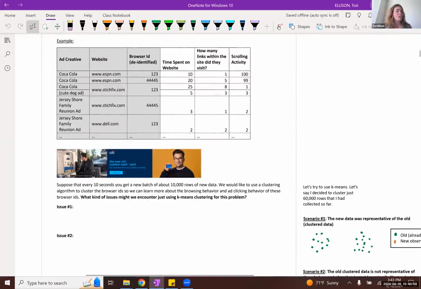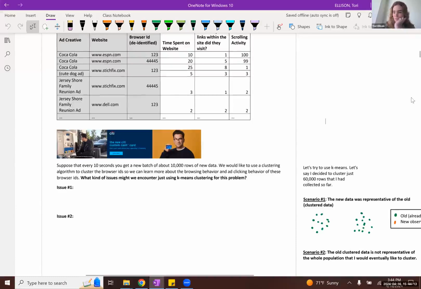What are some issues that we might encounter in this scenario that I just described? Let's say I wanted to use k-means to cluster the data coming in. What are some issues that I might encounter?